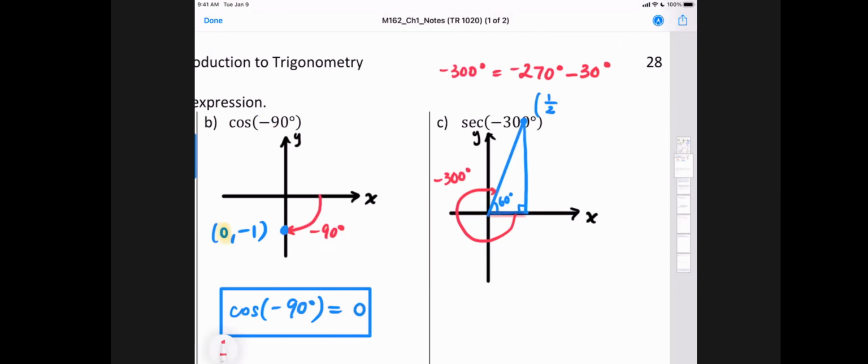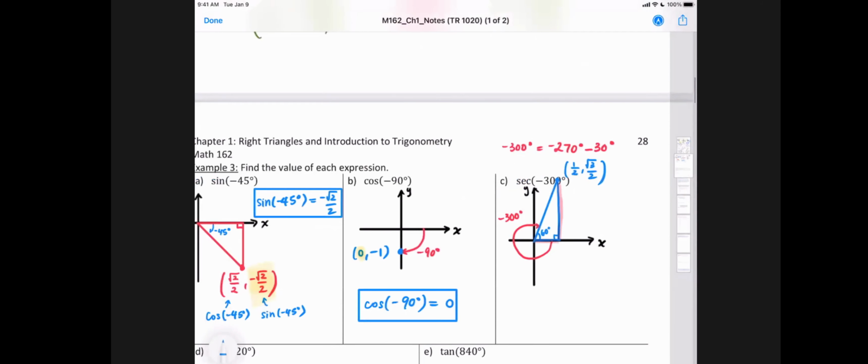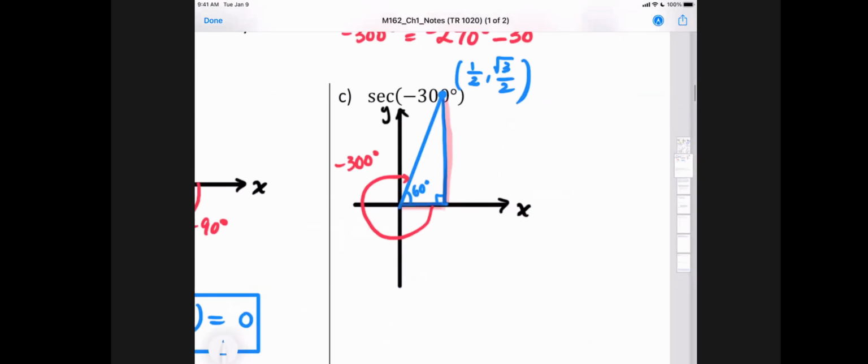The shorter gets 1/2, the longer gets square root of 3 over 2. This 1/2 would be the cosine of negative 300 degrees, and the y would be sine of negative 300 degrees.